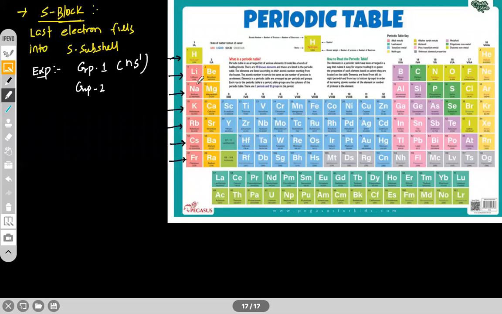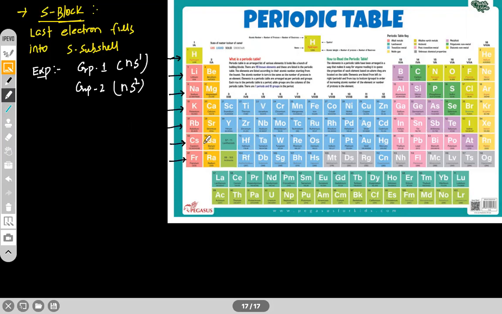I'm talking only about the valence shell electronic configuration, the outermost electronic configuration, ns1. For beryllium, magnesium, calcium, and all the elements belonging to group 2, the outermost electronic configuration is ns2, where n is again the period of that element.